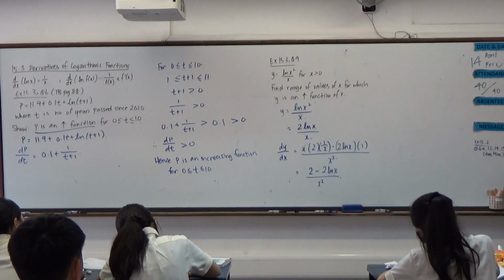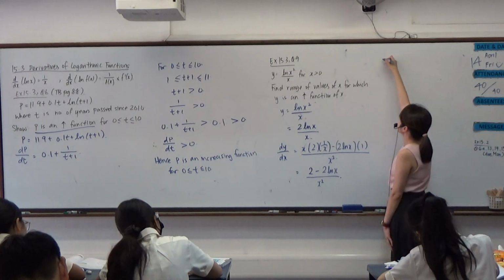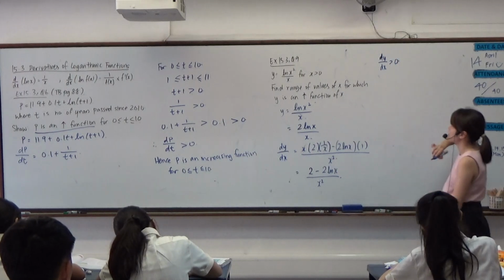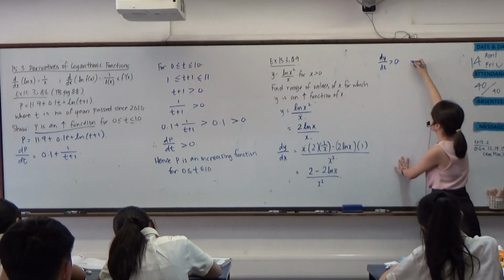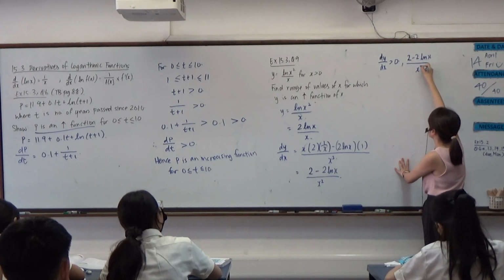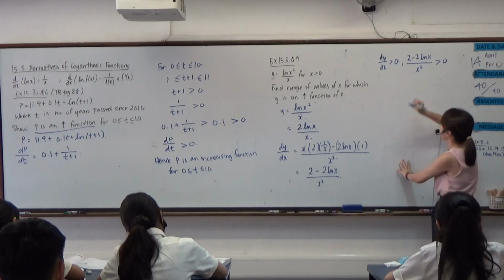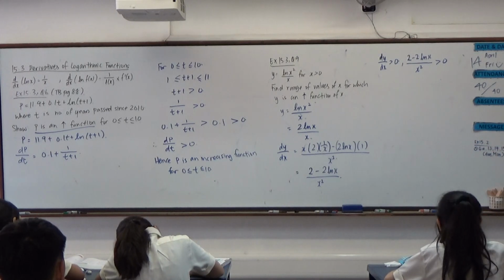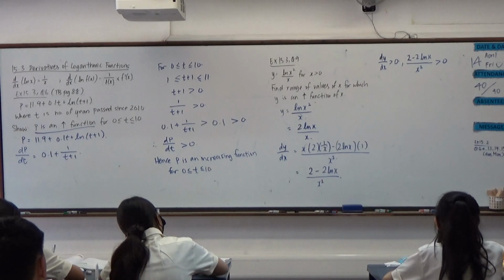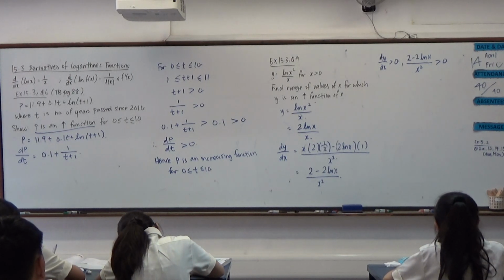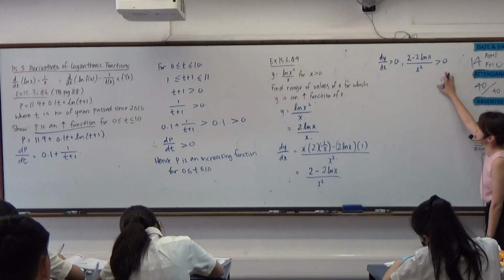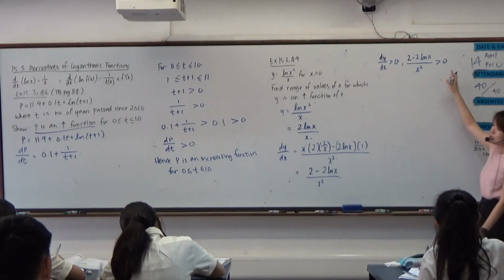So we are given that dy over dx is more than 0 because it is increasing. That means that my 2 minus 2 log x over x squared is more than 0. We are trying to find the range of values of x. So the big question over here is, how do I find the range of values of x from this inequality itself?